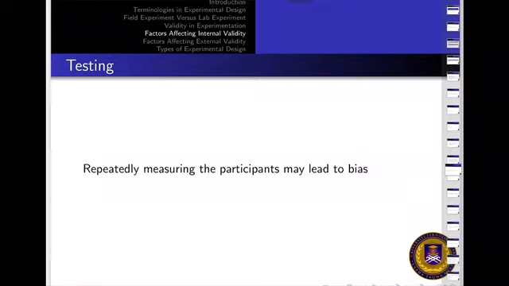For example, kalau you bagi soalan questionnaire kan, you repeatedly ask the same question to the respondent, so there's a possibility that it will lead to the bias, and also the bias is based on the time itself. Kadang-kadang ada beza kalau you tanya soalan pagi dengan petang. You tanya dia hari ni dengan besok pun there's a possibility that you will get a different answer. So that is the factors that can affect the internal validity.